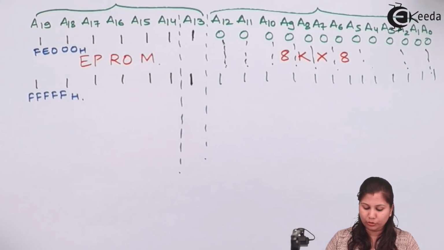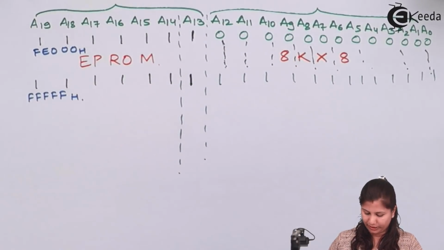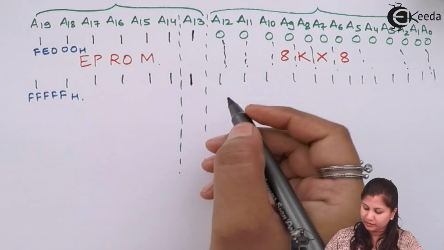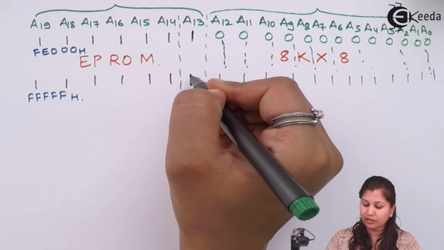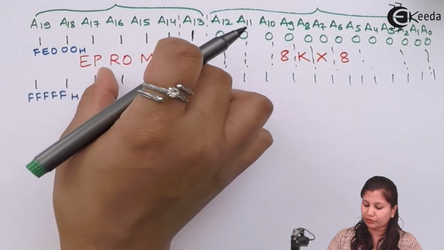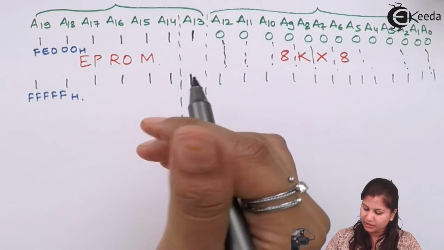Now coming to the RAM, it is also of the same size, 8K into 8. Again we use A13 for the selection of whether ROM or RAM is connected, so we can change this value.